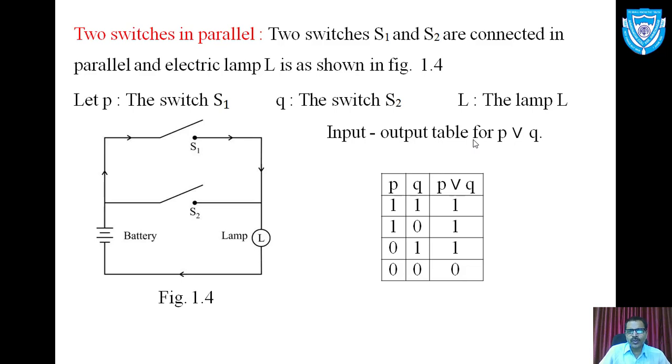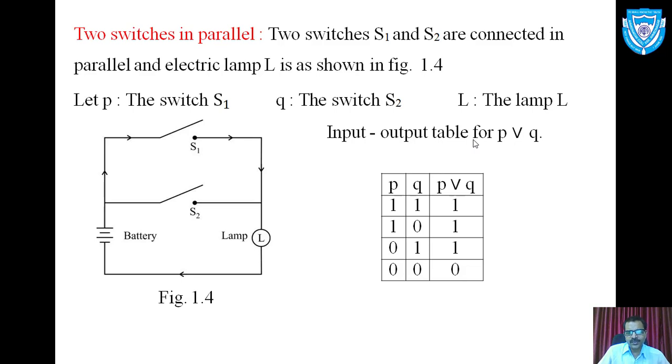Whenever P and Q both have truth value 1, meaning that both the switches are in the closed state in the switching circuit, the lamp L glows. Lamp L glows means the truth value of the statement L is T, and that is the same as the truth value of the compound statement P or Q, which is T, or 1.